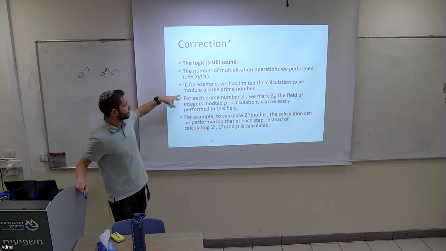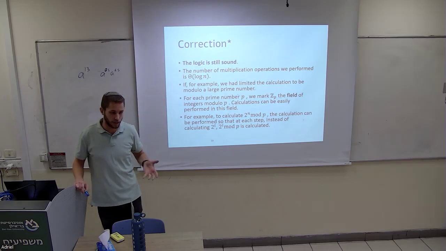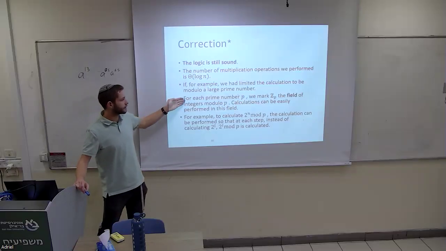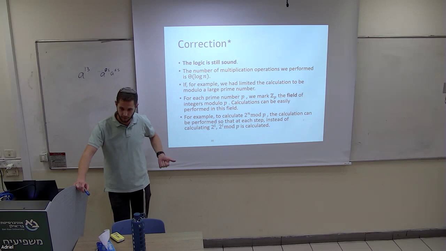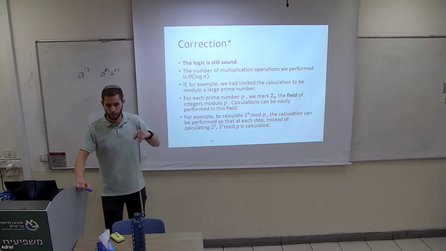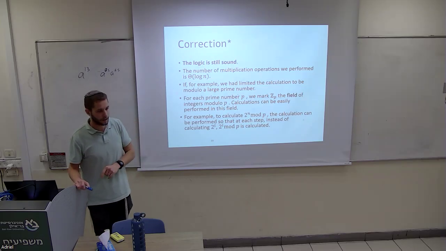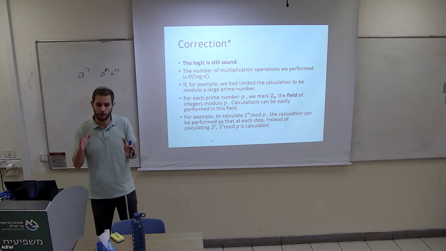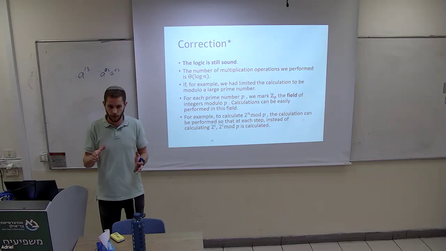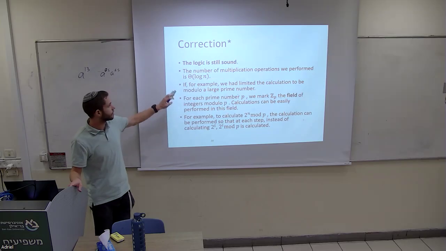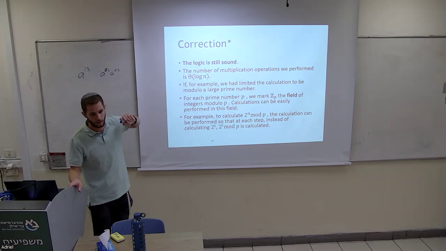To get the power in O of log n, we can take the field of a specific prime number and calculate the power mod that prime number. That bounds the number, hopefully by less than the size of a word, so we can write it in O of 1 and get theta of log n, only if we return the mod result.